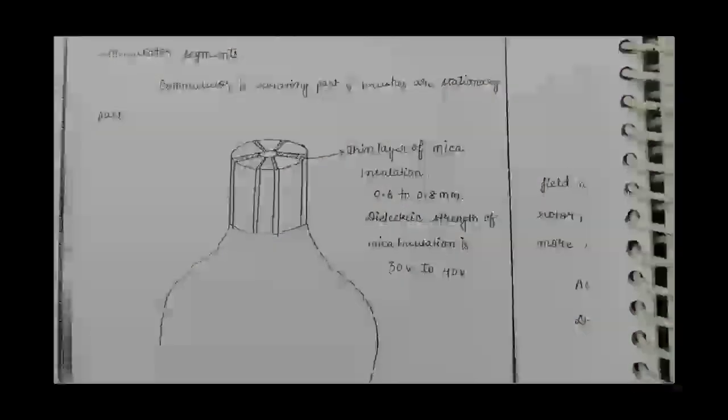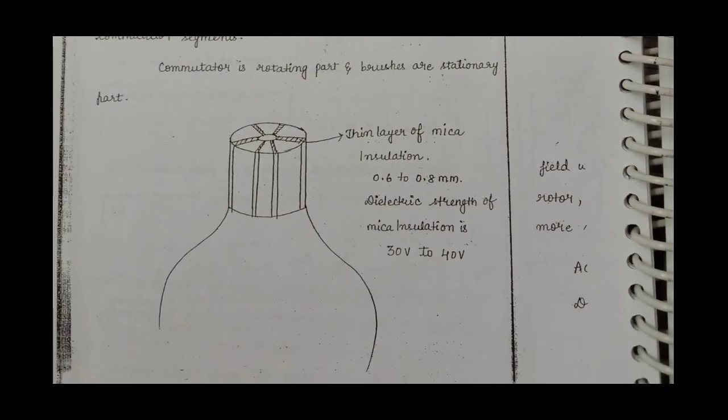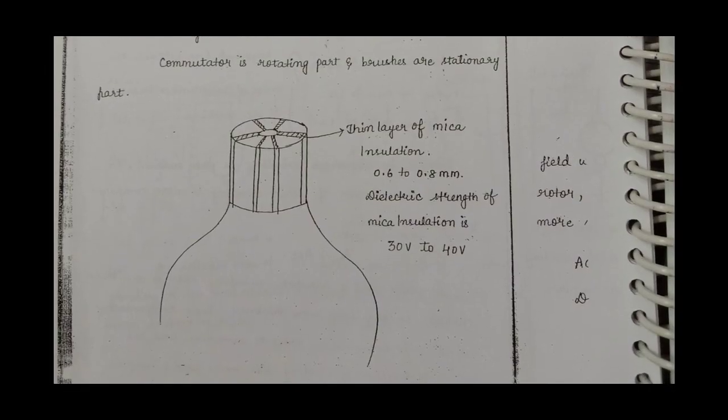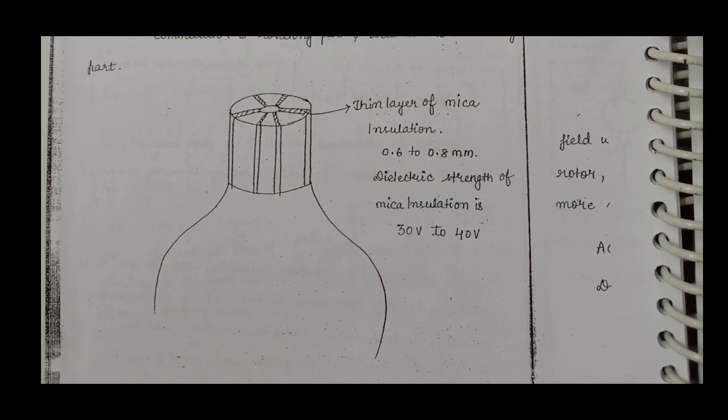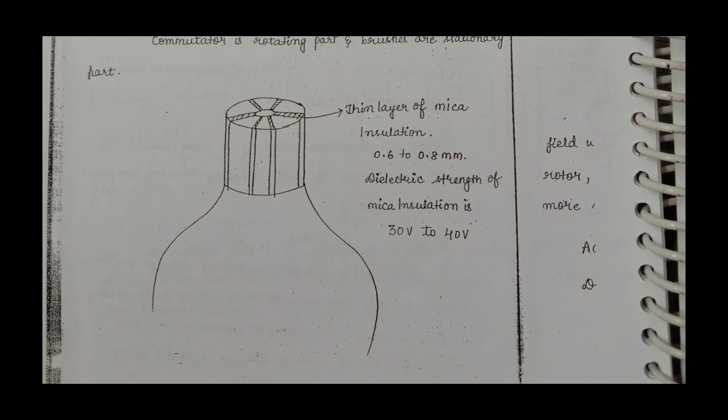So see the diagram of the commutator. So this is the commutator. The commutator segments are separated with a mica insulation of 0.6 to 0.8 mm.